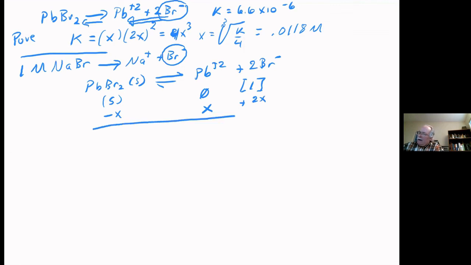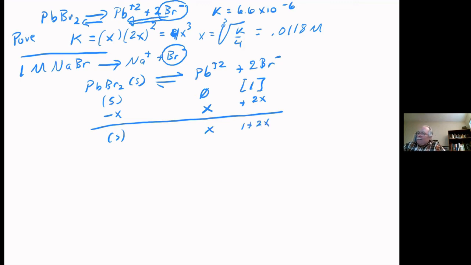So now I have my equilibrium expression, and I'm just going to put a solid here. It doesn't matter how much I have, so it's not a concentration. But obviously, if I ran out of lead bromide, and if I could have added more, then I don't have a saturated solution, and we're talking about a saturated solution here. So I have X of this, and I have 1 plus 2X of this.